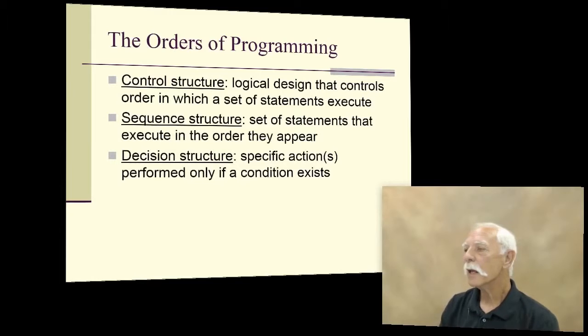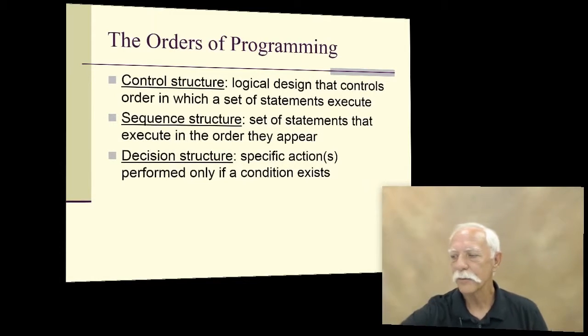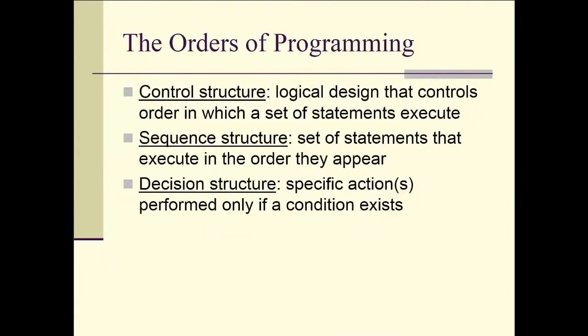When we take a look at different programming, there are certain orders of programming, if you will. We have basically one type of programming that gives us a sequence structure. In other words, it starts from line 1, and the computer then executes each line one by one until there are no more instruction lines. Another type is a control structure.